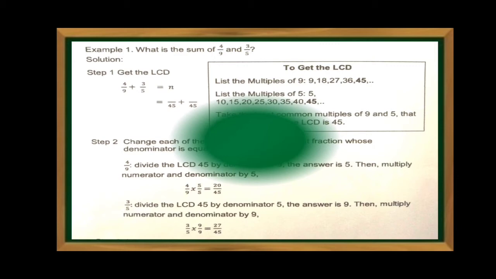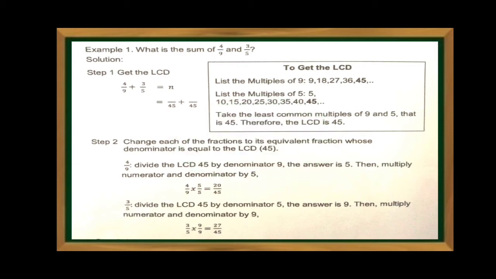Okay, so example 1, what is the sum of 4/9 plus 3/5? So here is the solution. Our step 1, get the LCD of 9 and 5. So the multiples of 9 are 9, 18, 27, 36, 45, and so on.